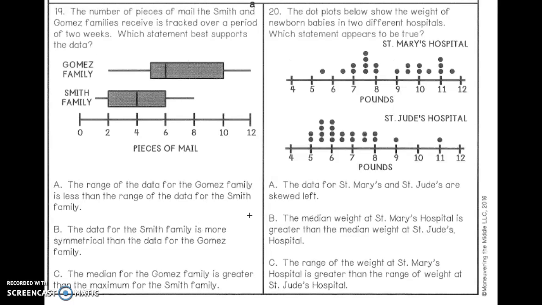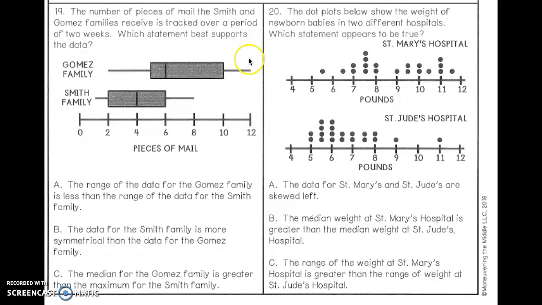Let's look at the Gomez family first. This end point right here is the minimum number in the set, which would be 2. If I drop down here, the maximum number in the set is 12.